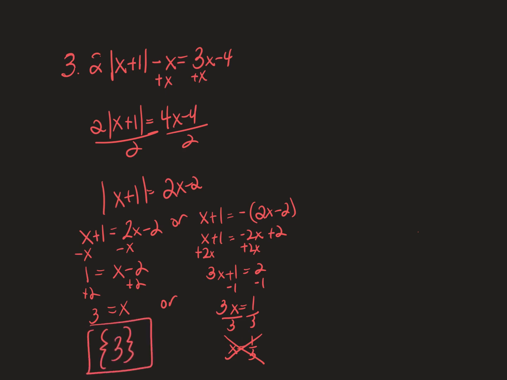Now, explain one more time, extraneous. I am going to go back to where I isolated this. The absolute value of x plus 1 has to equal a positive number. If I use 1/3 as my x value, then 2 times 1/3 is 2/3.